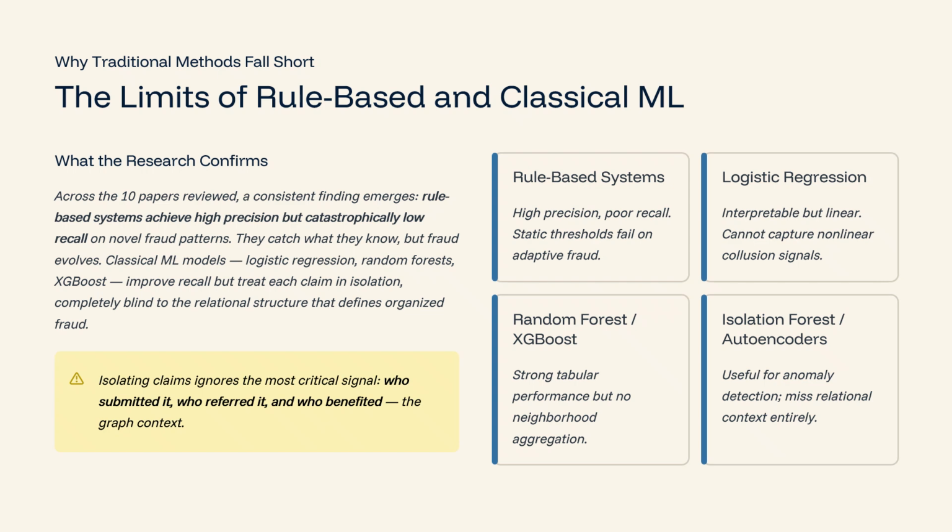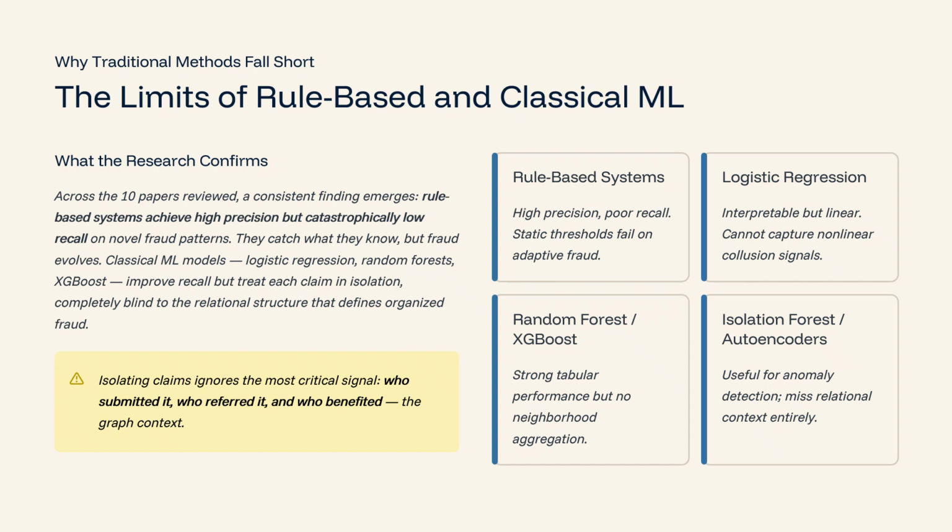Here's the deeper insight most people skip past. It's not that rule-based systems are badly built. It's that they are solving the wrong version of the problem. They are optimized to catch fraud that looks like past fraud. The moment a ring rotates, fragments billing codes or volumes across NPIs, or recruits a new set of providers, the rules go dark.